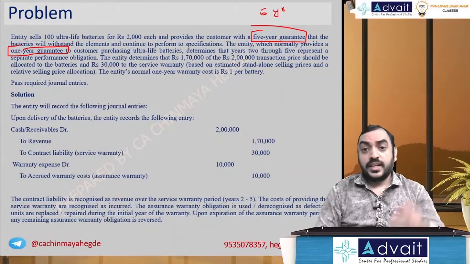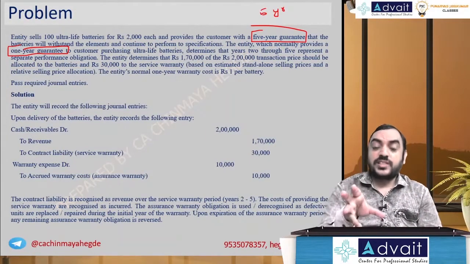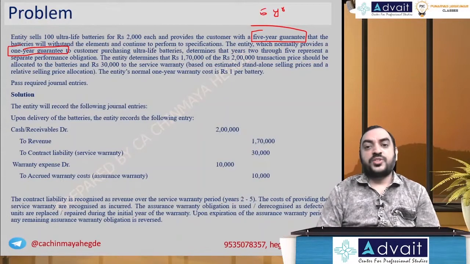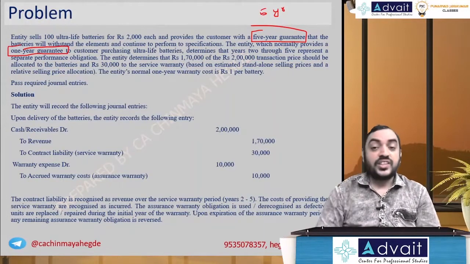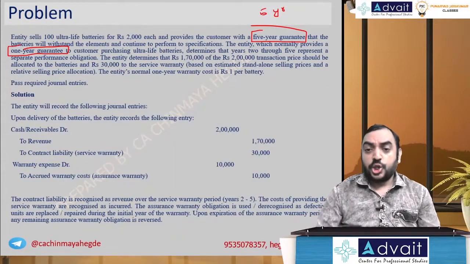Assurance type is not a separate performance obligation. But service type, an optional extended warranty, is a separate performance obligation and revenue is recognized separately on that. So in this case, they said 2 lakh is the transaction price.